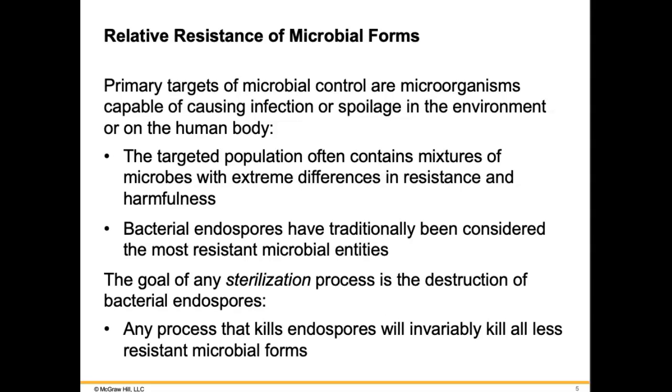Not to be mistaken, don't let endospore confuse you with when we talked about fungal spores. Two completely different things, two completely different topics. We're talking about endospores that are specific to bacteria here.